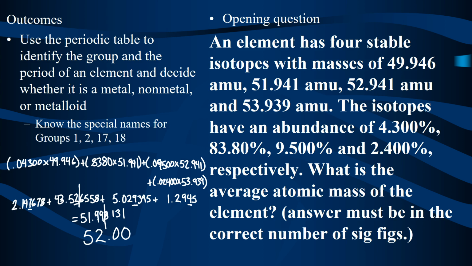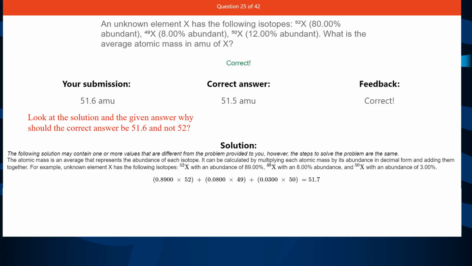If you're looking at question 25 in Active, look at the question, the answers, and the work they showed. Why should the answer be 51.6, 51.7, or 51.5, however they got there? Why should it be 51.6 and not 52?